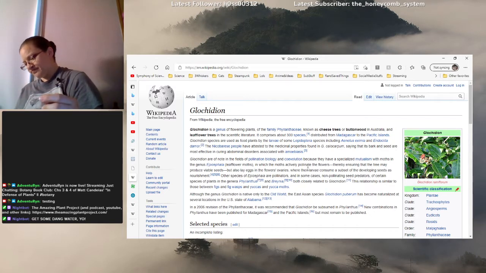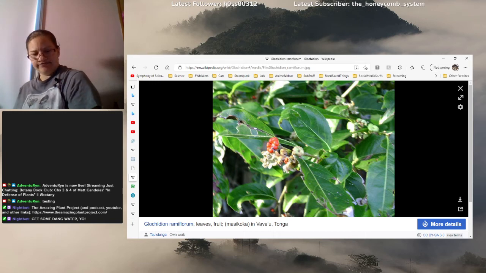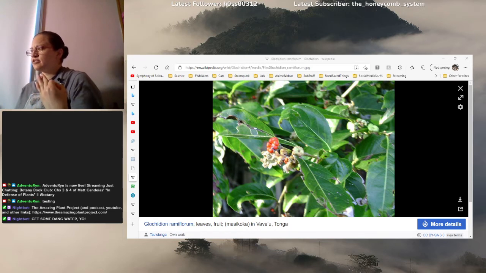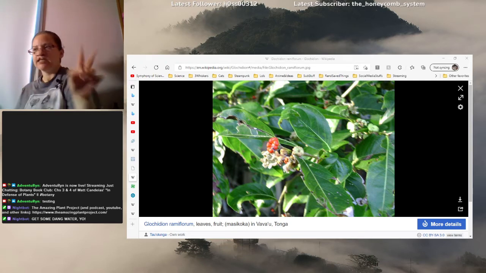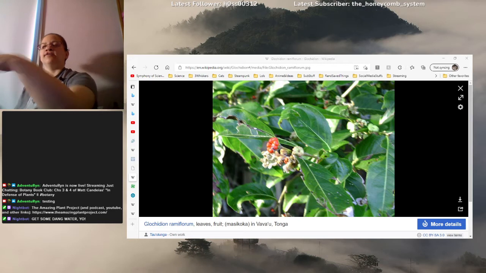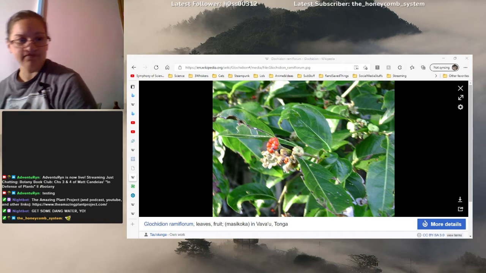Now, ordinarily, you would expect that as the larvae mature, they eat the fruit from the inside and nibble their way out and go exploring.